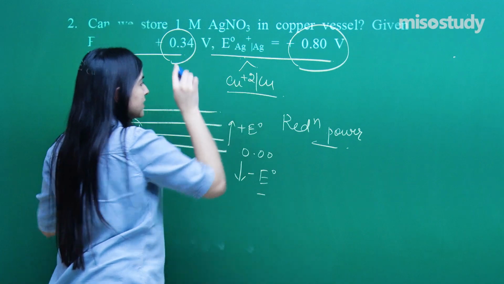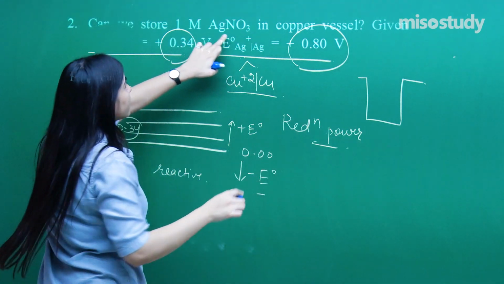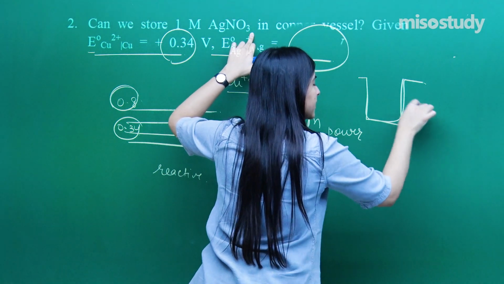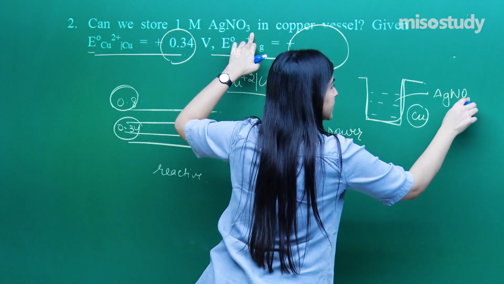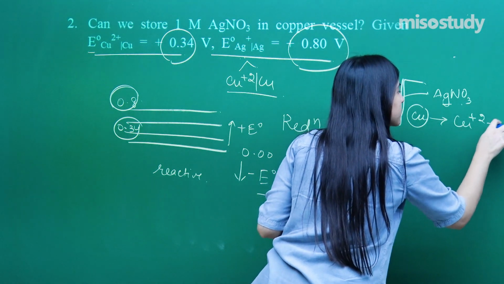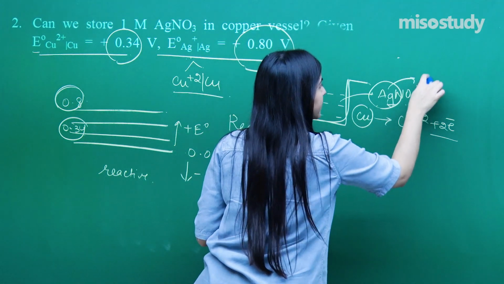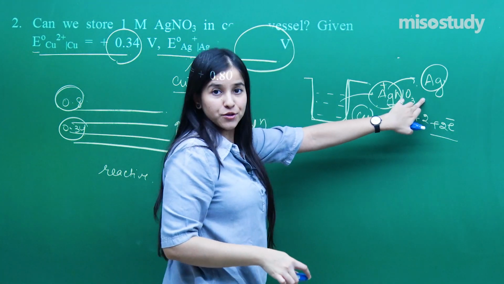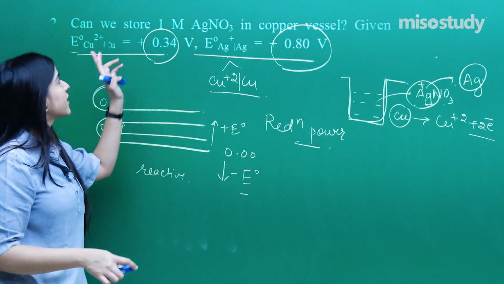If I store a 1 molar AgNO3 solution in a copper vessel, the vessel is made up of copper and the solution is AgNO3. Copper is a good reducing agent, so it can give up copper plus 2 ions plus 2 electrons to reduce Ag+ into Ag. Copper reduces Ag because it has more reducing power, and that is why we cannot store it.